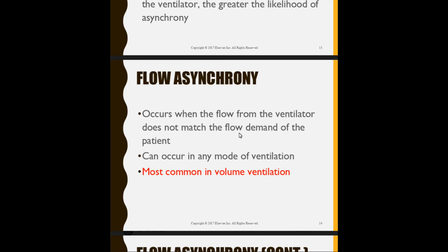So when you see the graphic on a flow asynchrony, you'll see it more concave rather than convex, and that's showing the flow is being delivered too slow, to the point that if you look at the pressure time scalar and the volume time scalar, both of those are going to show the slopes leaning more.